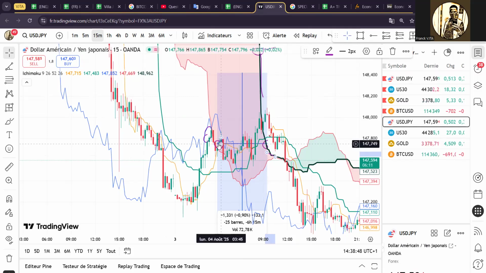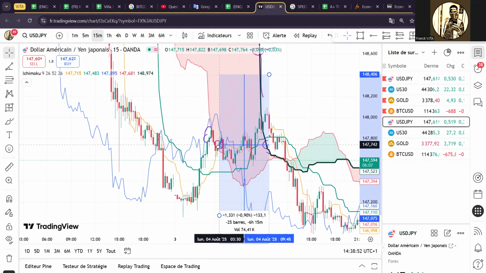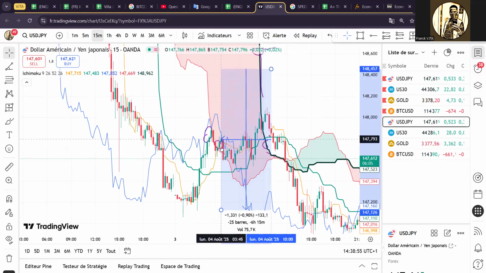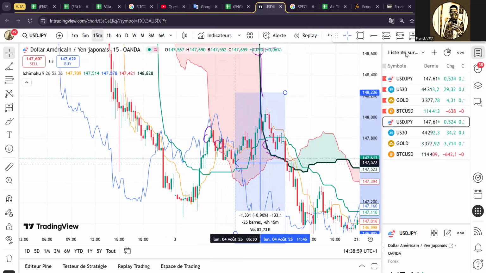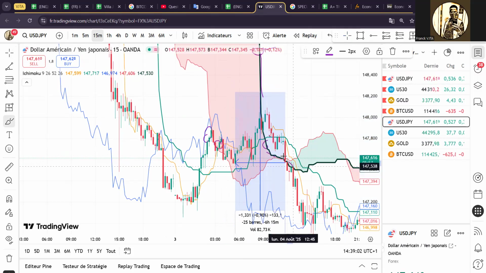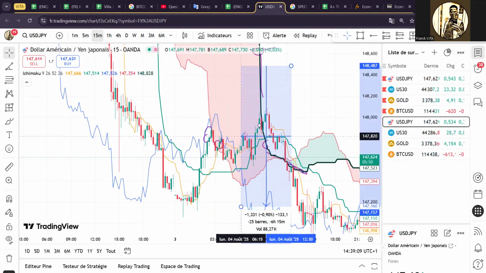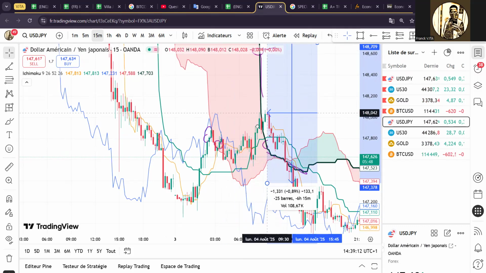SSB keeps going down, but we see some green candles appearing, another green candle, other green candles, right? Till here, SSB literally keeps going down for a certain amount of time, but the candles are not following it. Now the candles are going to the upside till this level, right?